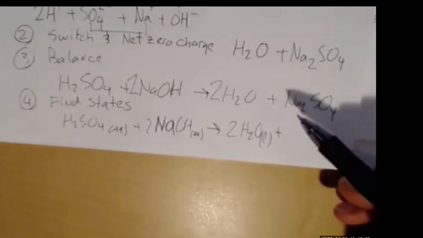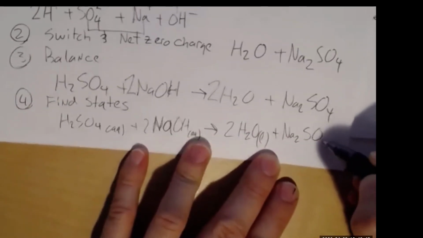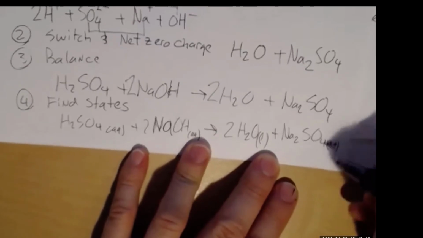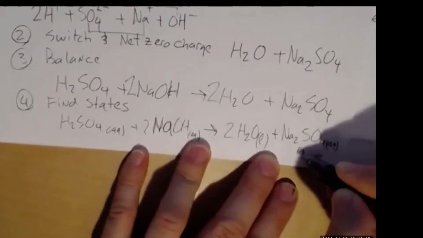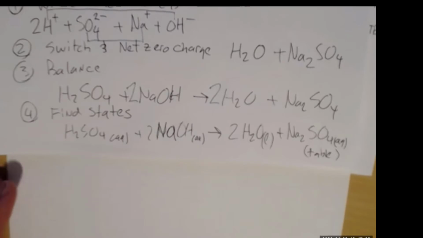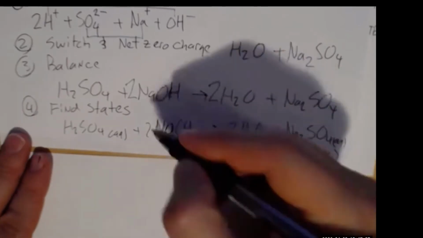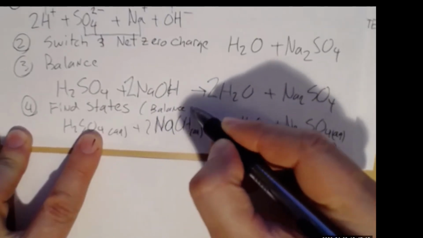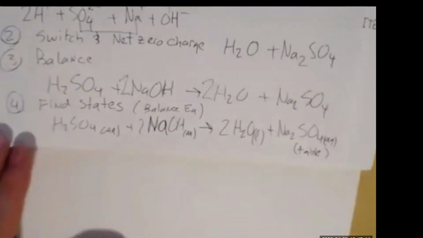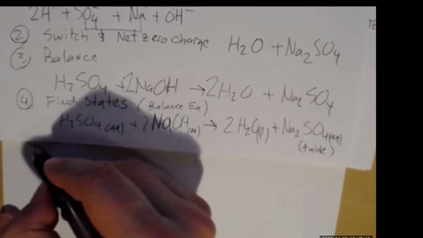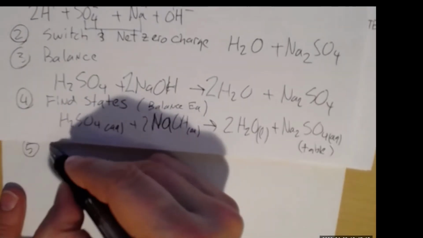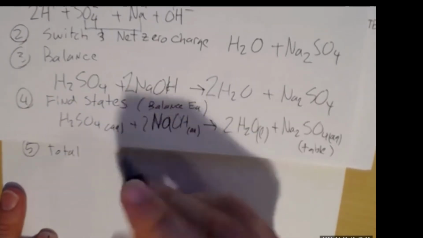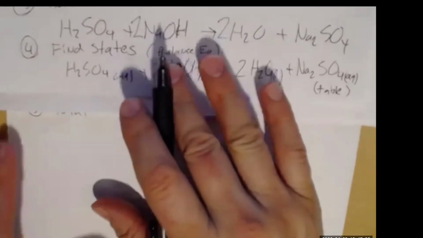So sodium actually is always soluble. So this one has to be aqueous. So we'd have to get that from a table. All right. So that's actually a balanced equation after I do that. But we can go further. We could do the total ionic equation.